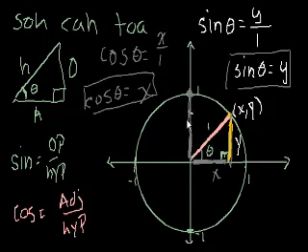Sine of theta now is just the y coordinate, which is 1, if theta is equal to 90 degrees, or pi over 2 radians. This angle right here. And similarly, cosine of pi over 2 is 0, because the x coordinate right here is 0.